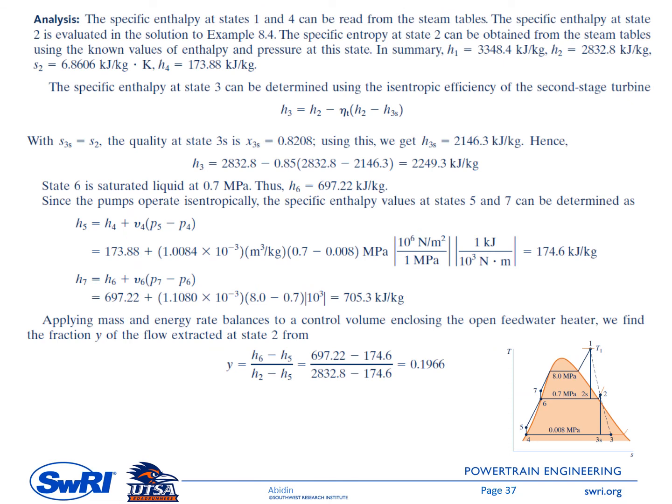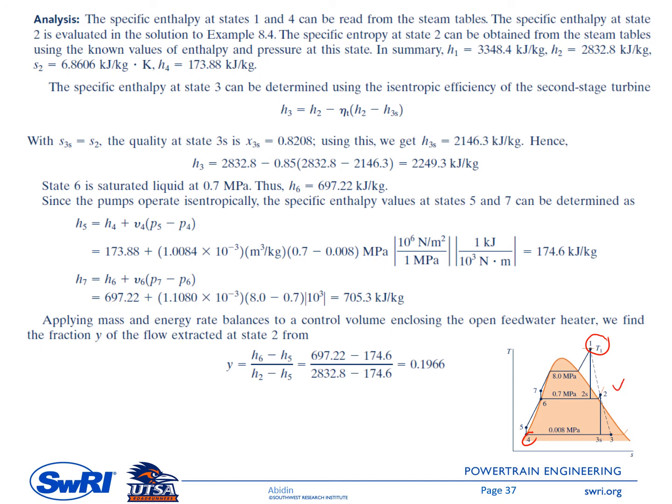Okay, for the analysis, we start by determining the properties at each point. We can start with point number 1. I think we have the numbers from the previous example, state number 1 as well as state number 4. And state number 2, I believe we also have already from the previous example.